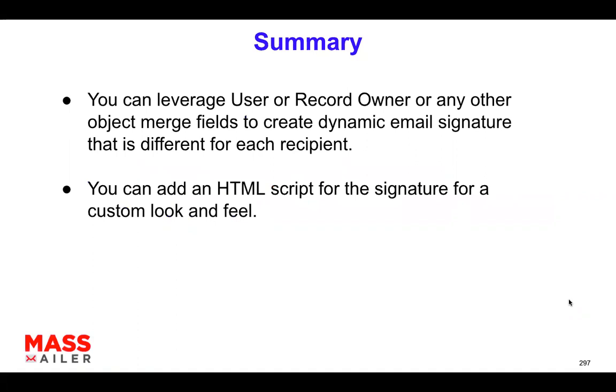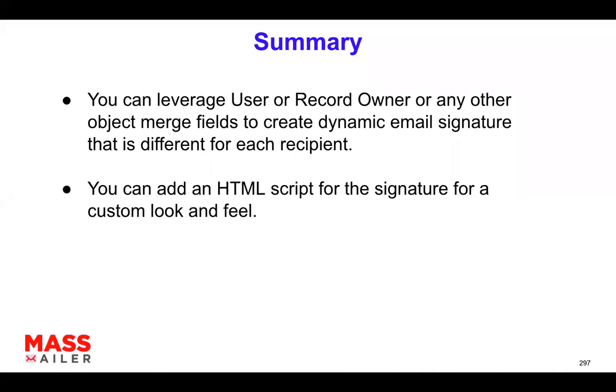I'm sure you must be aware of the feature that we have to use the merge fields, which means you can bring in the data, the content from the objects, whether it's a user object or any other object that you're working on, and then merge the data with the email templates.